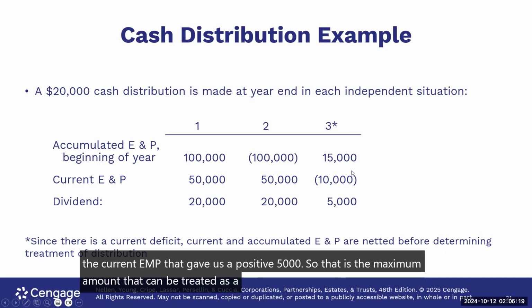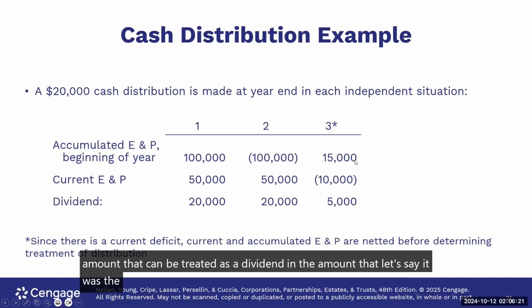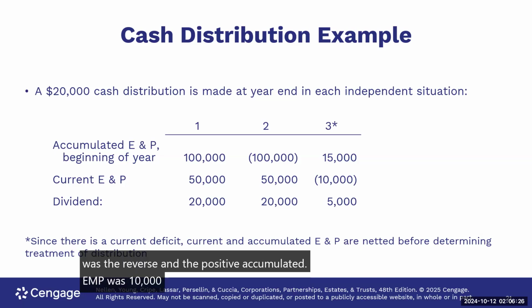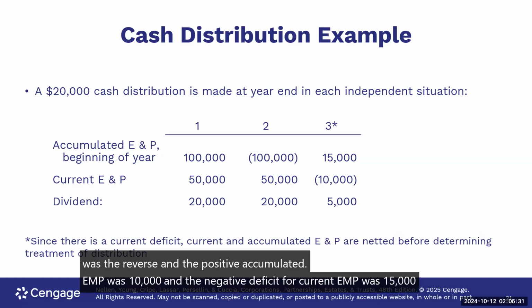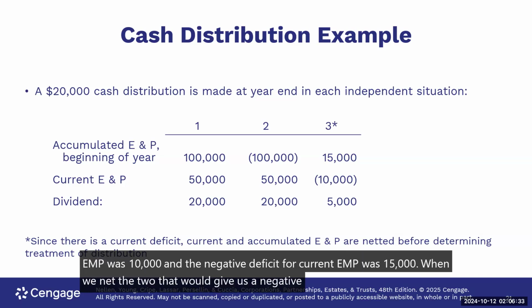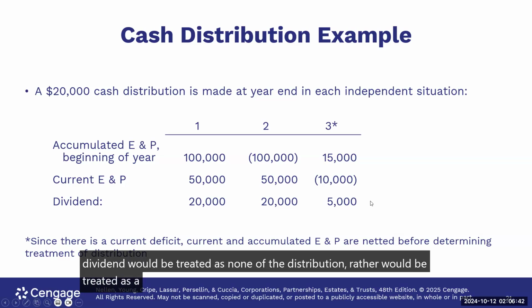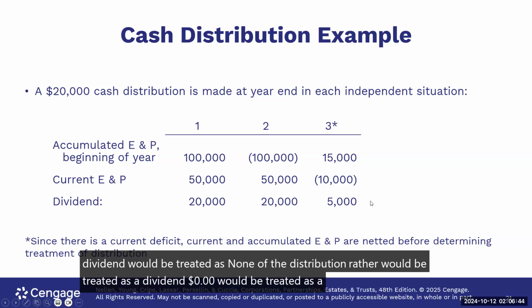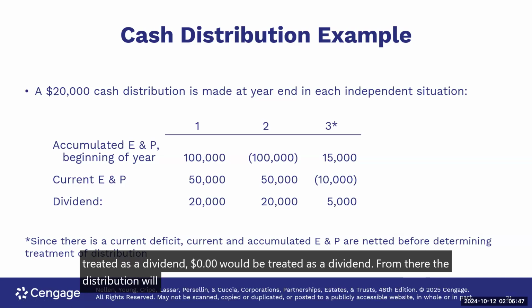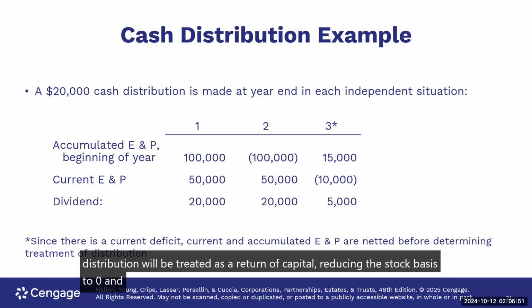Let's say it was the reverse, and the positive accumulated E&P was $10,000 and the deficit for current E&P was $15,000. When we net the two, that would give us a negative $5,000. So in such case, none of the distribution would be treated as a dividend. $0 would be treated as a dividend, and from there, the distribution will be treated as a return of capital, reducing the stock basis to zero, and then generating a taxable gain.